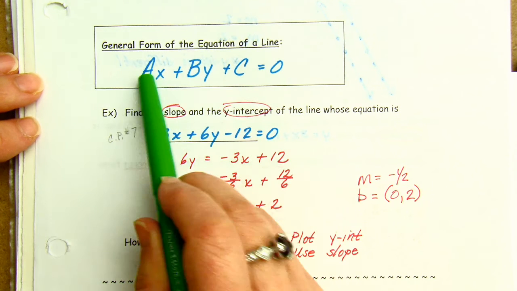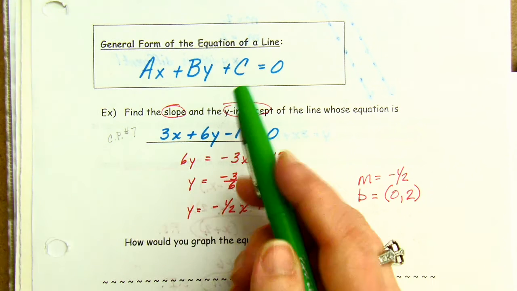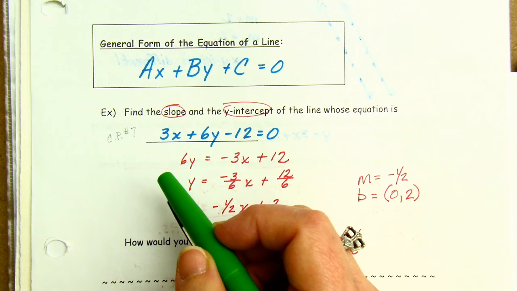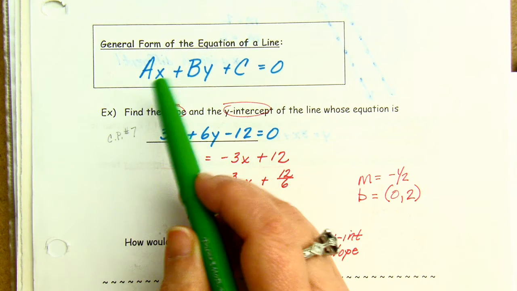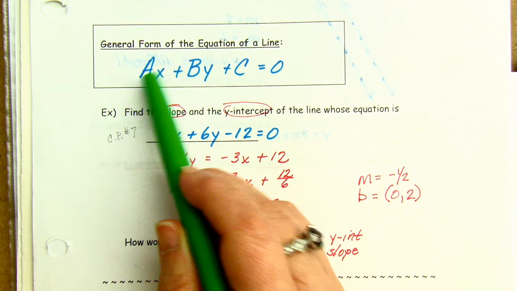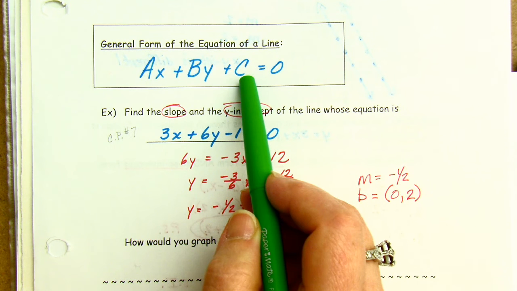Notice the capital letters here. I'm not sure if you've ever learned about this in another math class, but there's a reason why these are capital letters. The reason is because these coefficients of both x and y and this constant here would all be integers, not fractions.